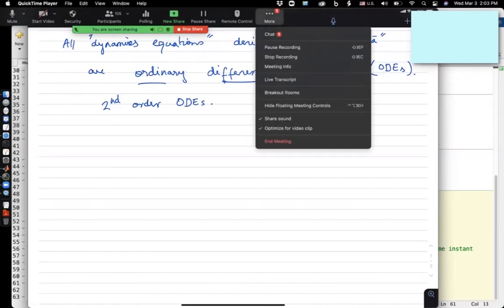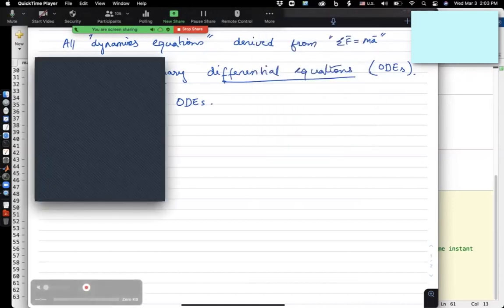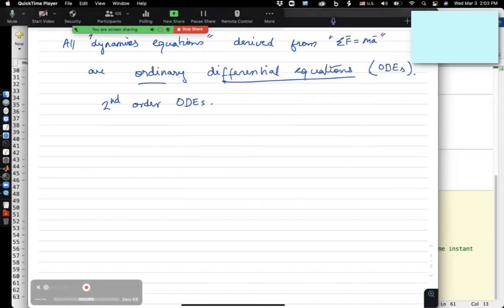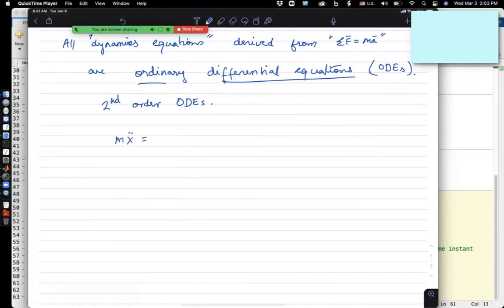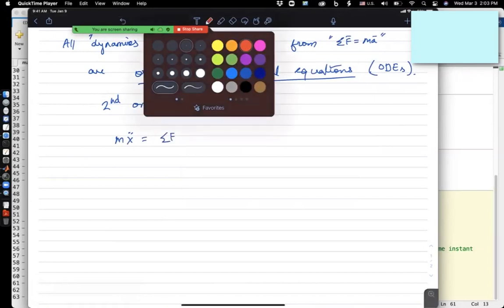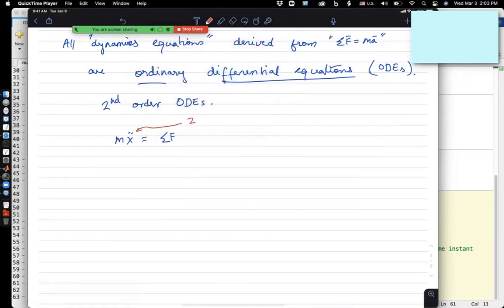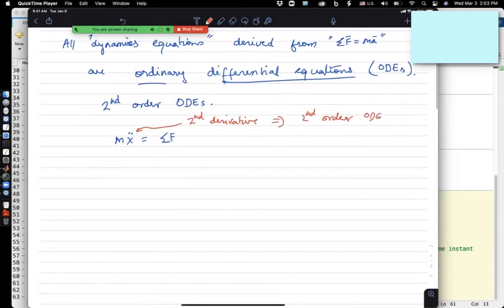That's right, so that's the main reason. So we basically have, let's say, m x double dot equals the sum of all forces. The fact that this is a second derivative means that it's called a second order ODE. Okay.